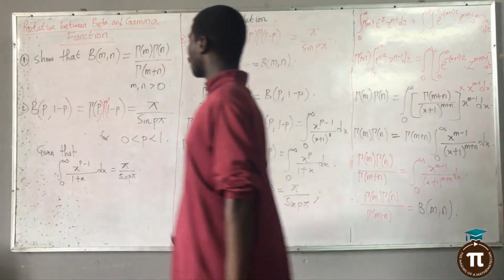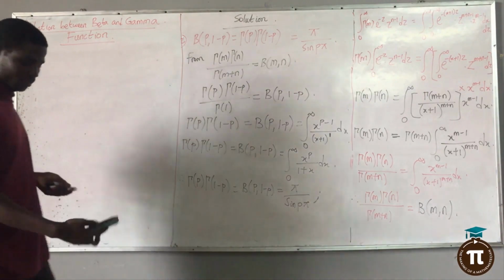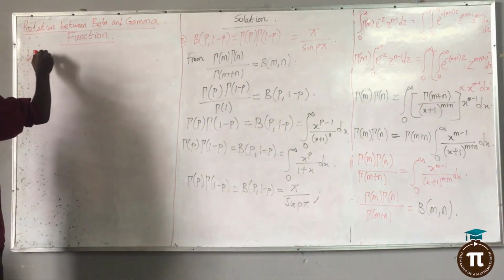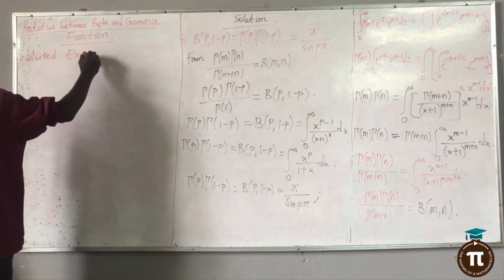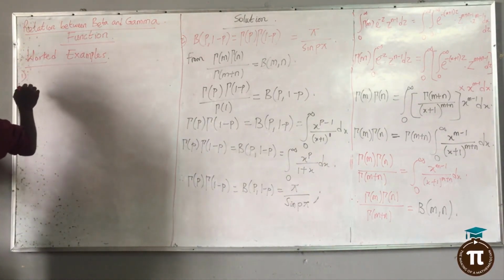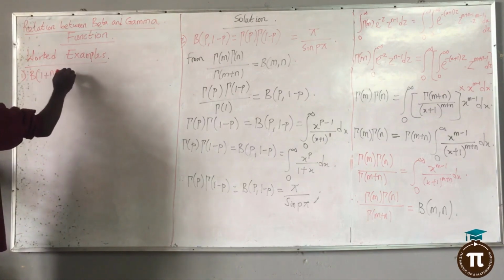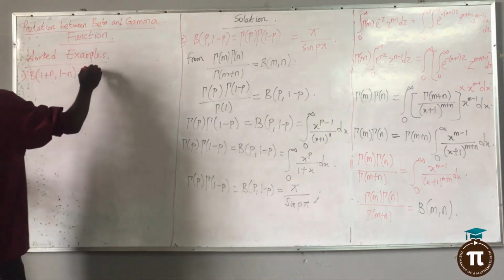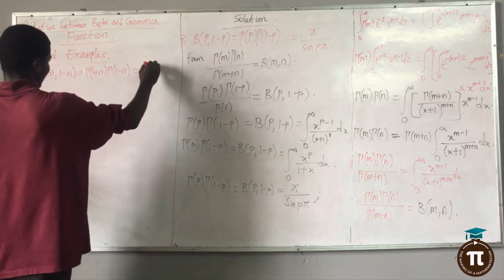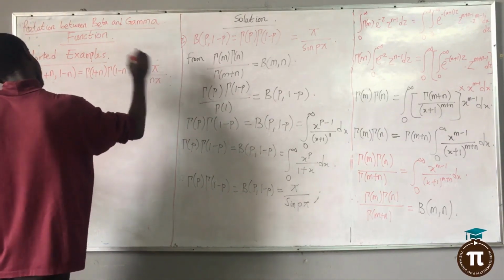So let's do some worked examples here. Number 1, beta of 1 plus n, 1 minus n is equal to gamma of 1 plus n, gamma of 1 minus n, which is equal to n pi over sine n pi.